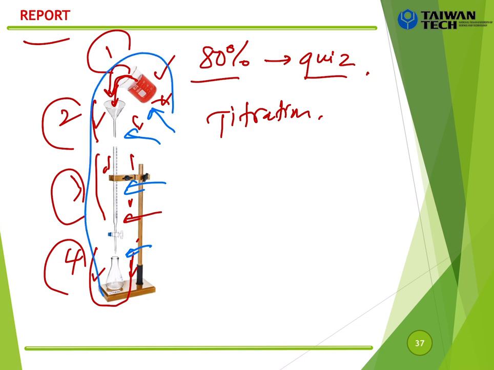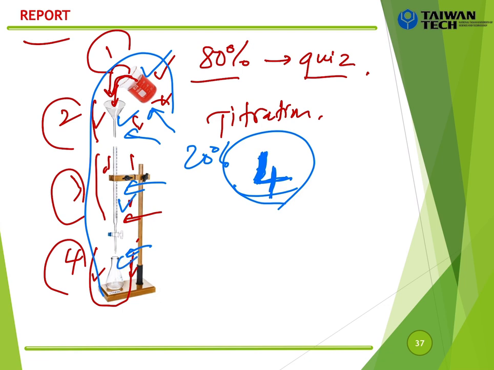Okay, so you should use at least, I think, at least three. Okay, no, I think because you have 20%, right? Okay, 20%. So I think you should try at least four equipment together. Like this is 1, 2, 3, 4 in one project. Okay, and you can submit this one to me on Monday.